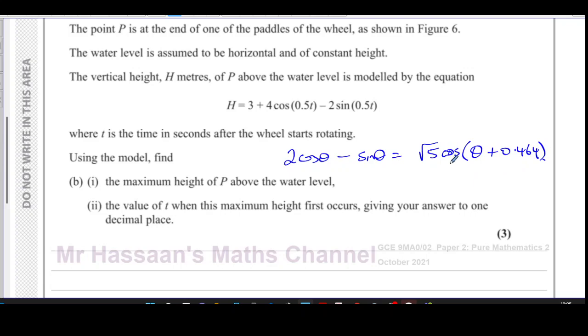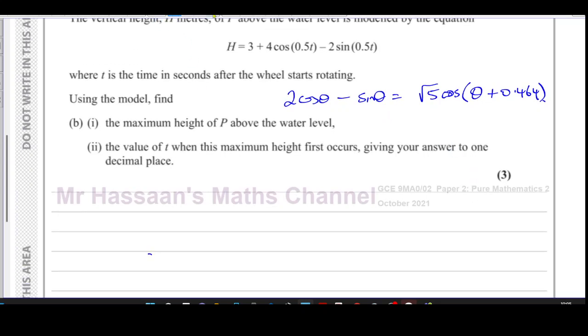Now, as I mentioned in the beginning of this question, expressing something in this form helps us to find maximum and minimum values of this expression. So it looks like this is something that we have to deal with here. But what we have here and what we have here are not exactly the same, right? They're not exactly the same. However, we have to try to look at some sort of way of linking, especially this part here.